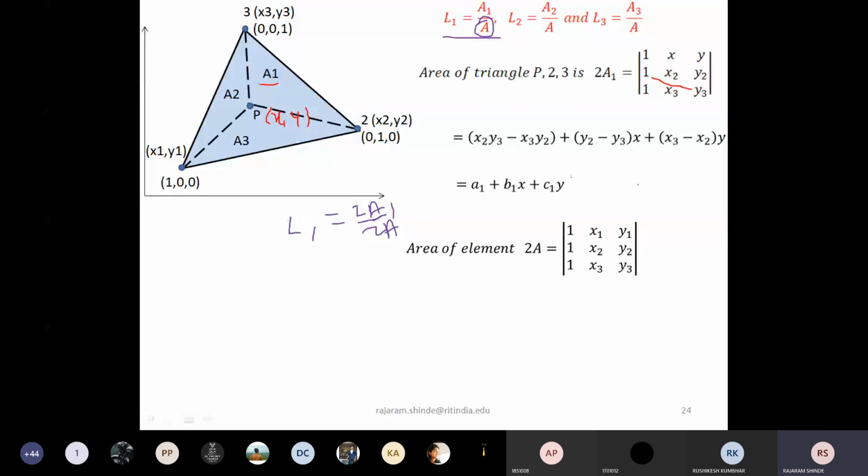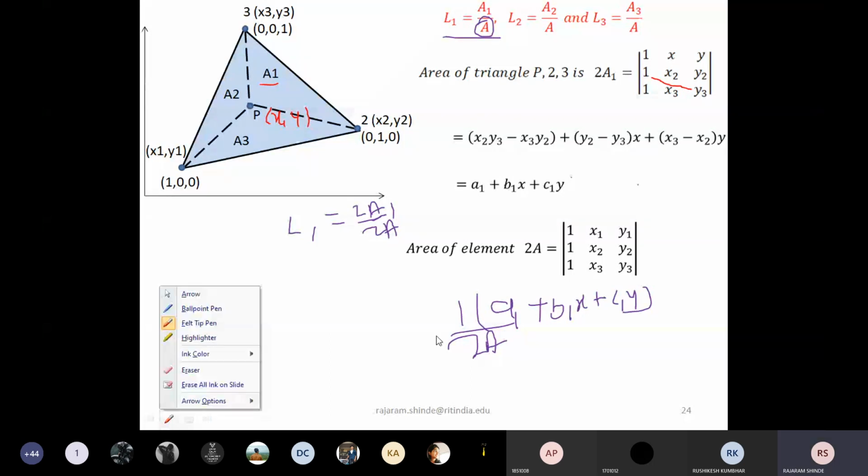Now if you put these values in this equation, it becomes a1 plus b1x plus c1y into 1 upon 2a. What is it? It is a shape function n1. Am I right? It is shape function n1.